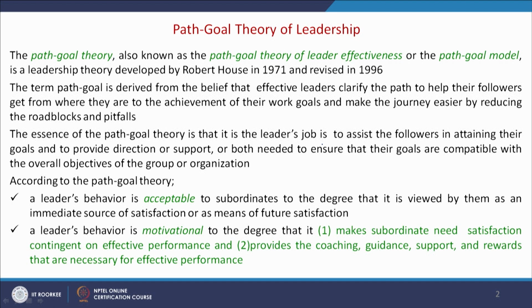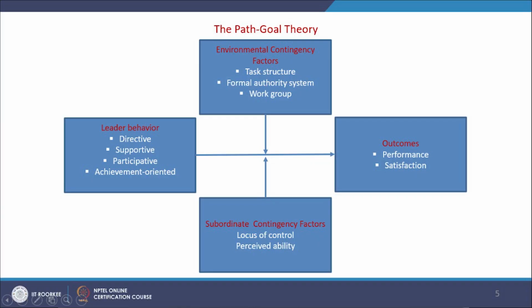So, ultimately these two factors, the acceptability of the leader behavior and the motivational aspect of leader behavior, can only be maintained when environment and personal characteristics of the follower are being moderated based on the interpretation of leadership style. So, this can be understood based on this diagram, that environmental contingency factors, which include task structure, formal authority system and work group, and subordinate contingency factors such as locus of control and perceived ability.